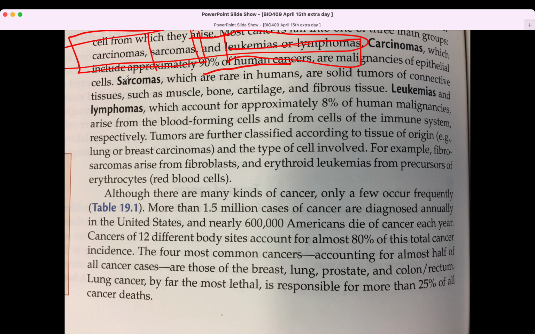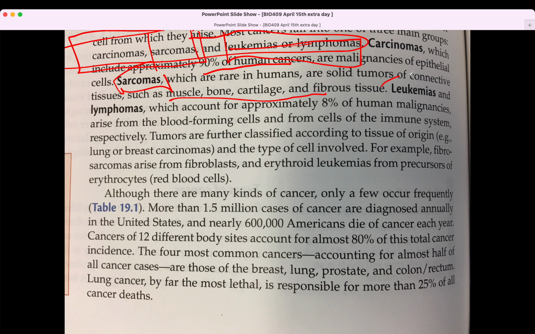So lung cancer and cervical cancer and gastrointestinal cancer, those are all epithelia. Epithelia are sheets of cells in tissues. Then sarcomas are rare, and they're solid tumors of bone and muscle and cartilage, right? And so you may have heard of somebody who had bone cancer, but it's pretty rare compared to lung cancer, breast cancer, uterine cancer, and so forth.